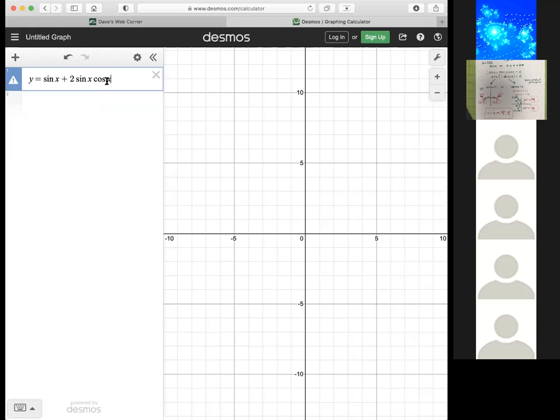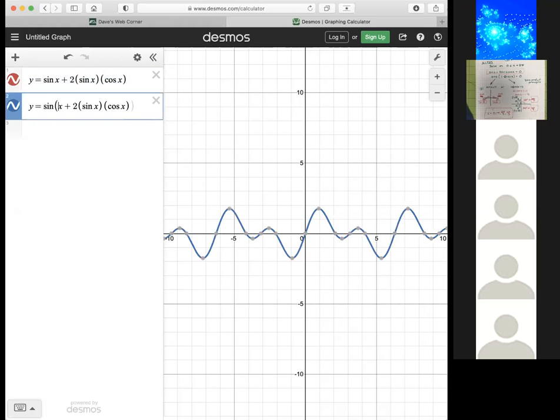In other words, it says it doesn't know where my arguments start and stop. Is the cosine x times this x, or is it times the sine x? So you could do this very carefully like that. Or if you prefer to write the parentheses always around the argument, this is always sufficient. So either one of these will produce this curve right here.